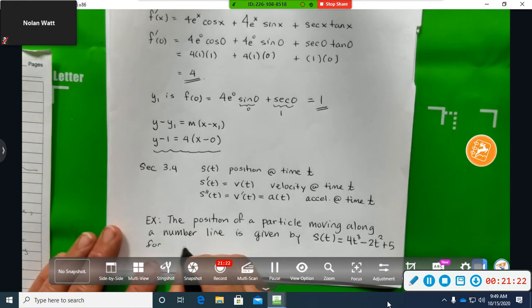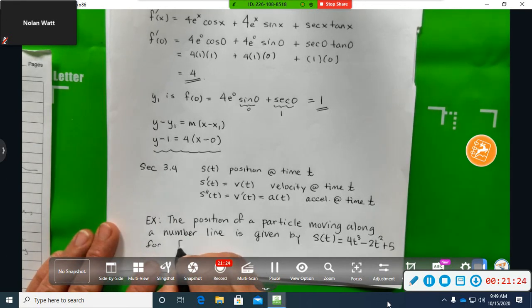for t in the interval from 0 to, let's go just to 3.